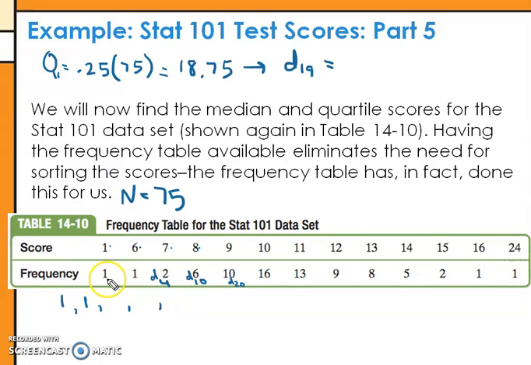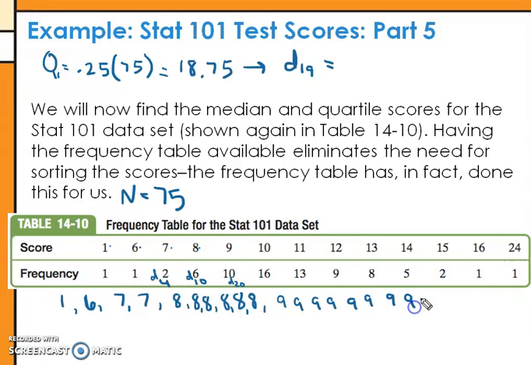Okay, so the 1 is in there once, and then 6 is in there once, and then 7 is in there twice, and then 8 is in there 6 times. And then 9 is in there 10 times. 1, 2, 3, 4, 5, 6, 7, 8, 9, 10.